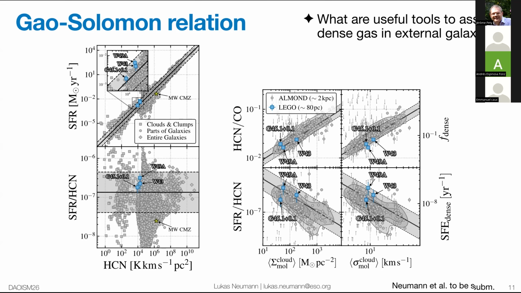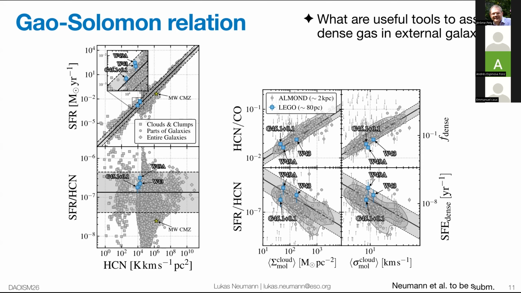So there's two things we can take away from this. One is that these molecular cloud regions seem to be quite consistent in their properties with the nearby star-forming galaxies that we study.